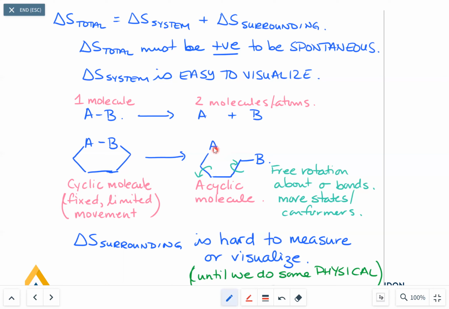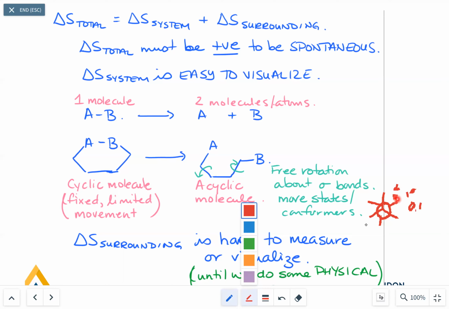But if you have just a straight chain molecule, and if you think about Newman projections, there's basically an infinite number of rotamers. Let's draw something. If you have a Newman projection, you can rotate this bond by 1 degree, by 2 degrees, by 0.1 degree.